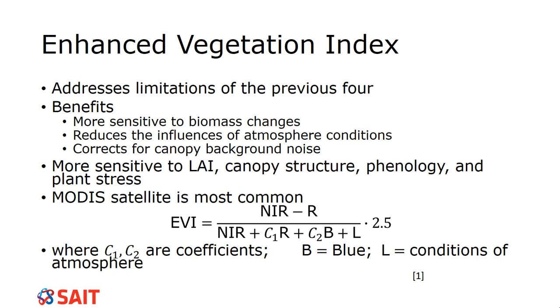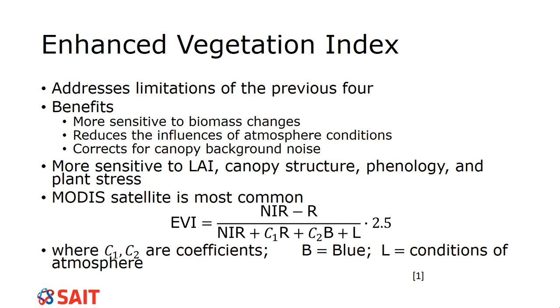So this is a lot more sensitive to that. It also reduces atmospheric conditions. So if an atmosphere is absorbing near infrared and it's not actually getting to the sensor, even though it did get reflected from the trees or the grass or whatever, then this one helps reduce that influence.